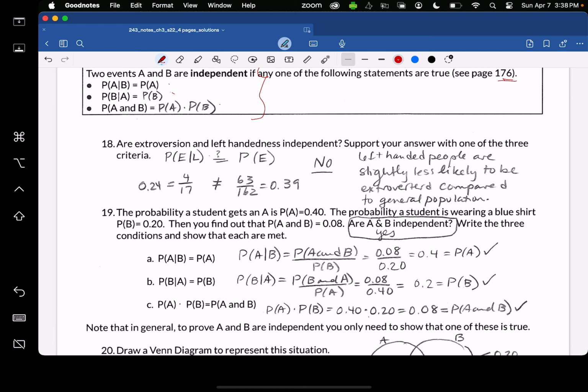The probability of being extroverted outright is 0.39. So there is some type of relationship between left-handed and extrovert. It looks like once you're left-handed, you're less likely to be an extrovert. So that shows that extroversion and left-handedness are not independent.